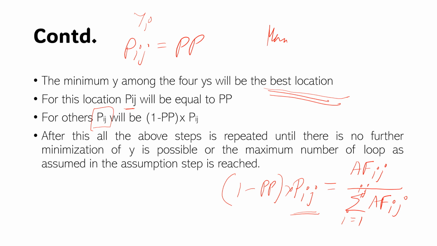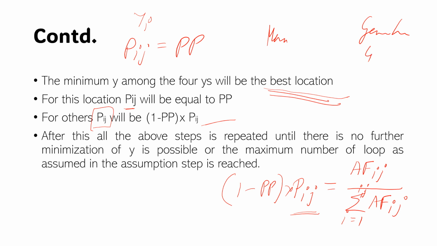Okay. Now after all the above steps, you go back to the initial step of the iteration. That means you repeat the steps that we have followed from the generation of population.